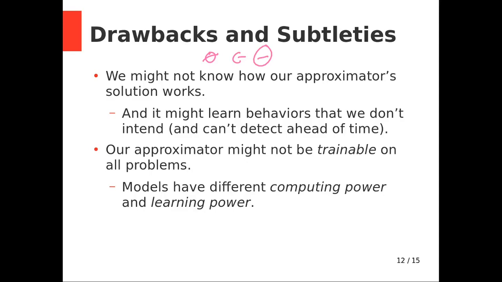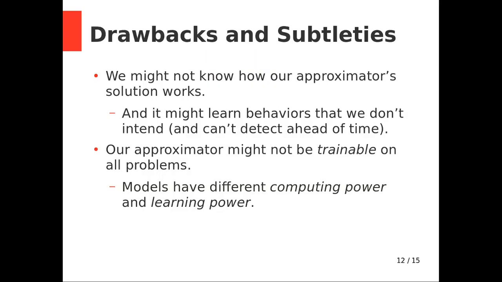So our approximator might not be trainable on all problems, and an important thing to understand here is that there is a difference between compute power and learning power, learnability.